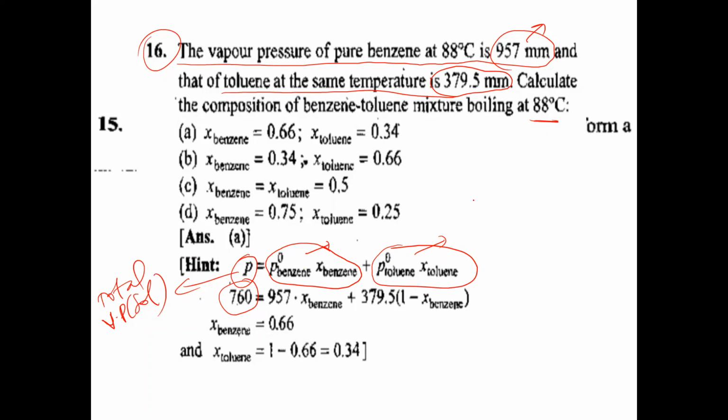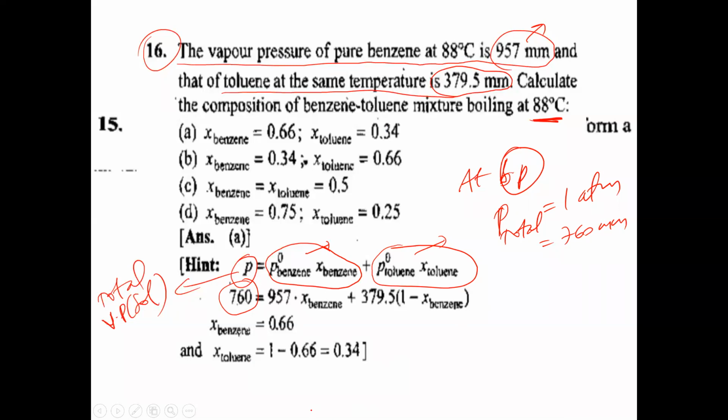Whenever boiling is going on, when this mixture is boiling at 88 degrees Celsius, the total pressure should be taken as 1 atm. 1 atm means atmospheric pressure, 760 mm.